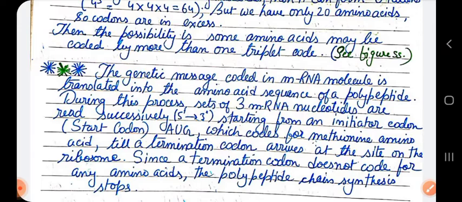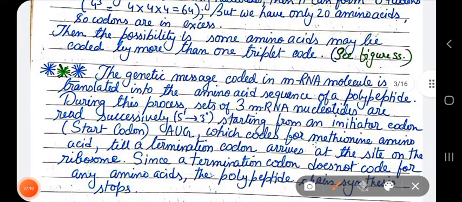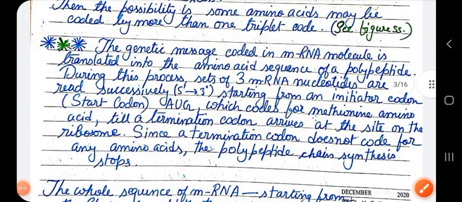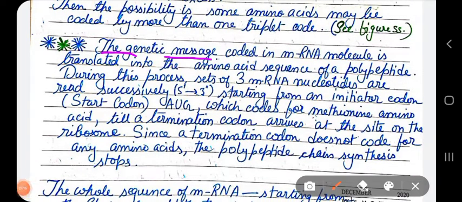Now, an important part has been mentioned here, related mainly to the translation process. The genetic message coded in the mRNA molecule will be translated into the amino acid sequence of a polypeptide.